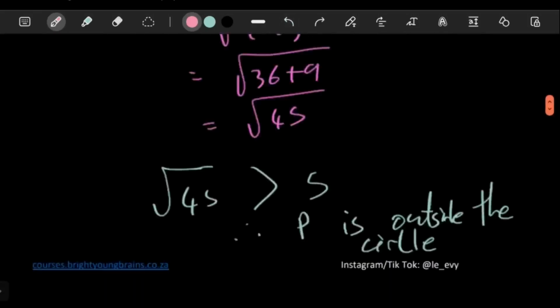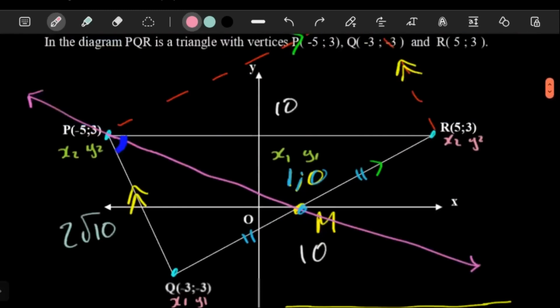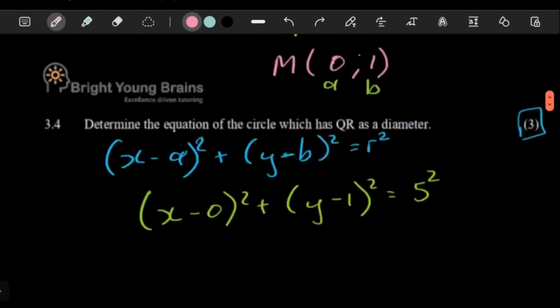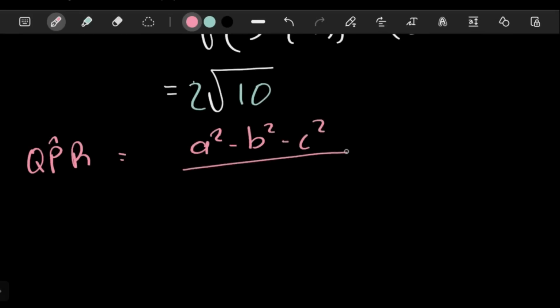In our case here, the angle we are dealing with is what? QPR, Queen's Park Rangers. QPR, right? It's gonna be equal to A squared minus B squared minus C squared, the whole thing over minus 2BC, and the whole thing you put it under a.